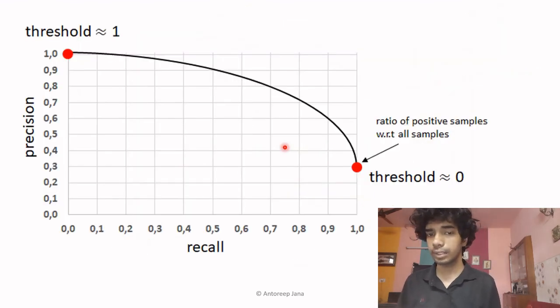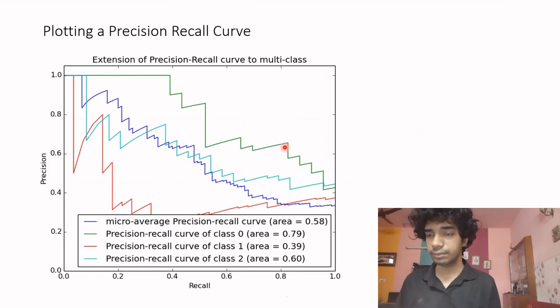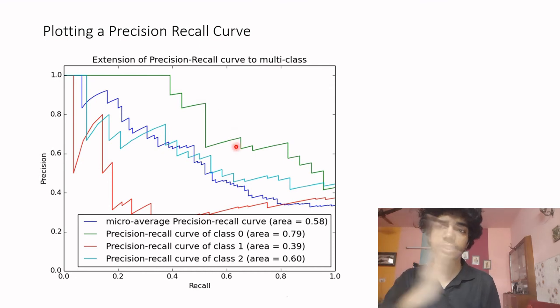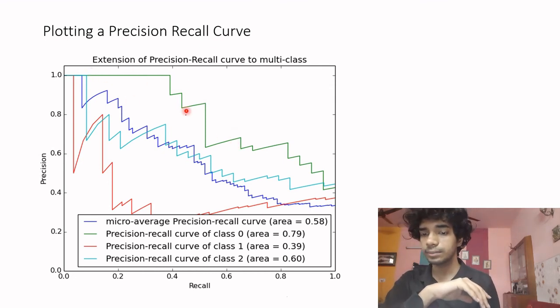Now let's talk about this curve, which is very interesting. This curve is the precision recall curve for a multi-class classification. For a multi-class classification, you plot the precision recall curve as one versus rest: one for class 1, for class 2, for class 3. This particular line is the micro average precision recall curve.